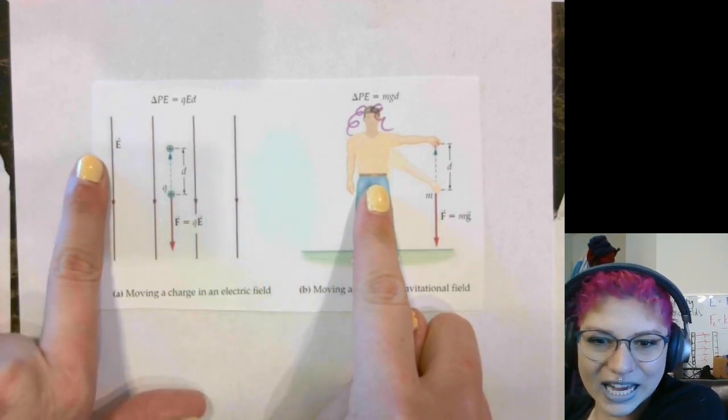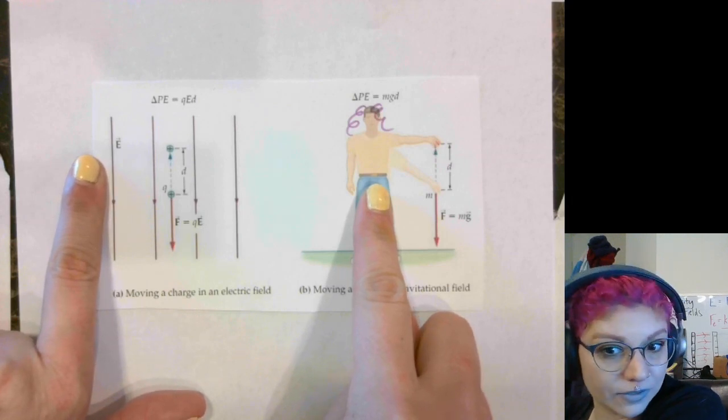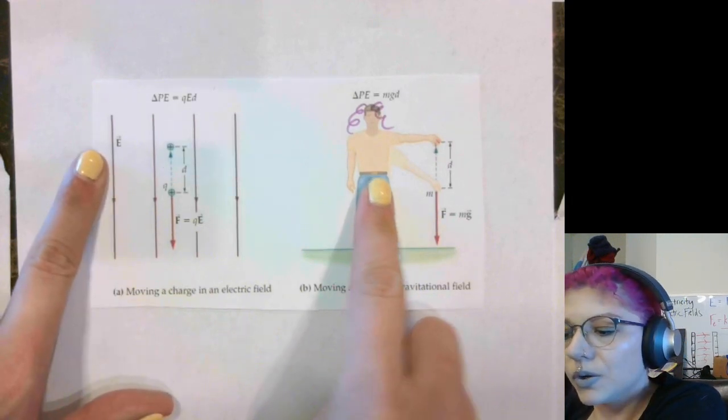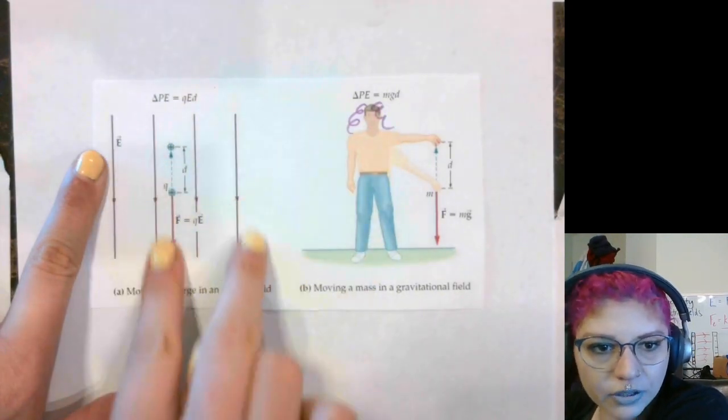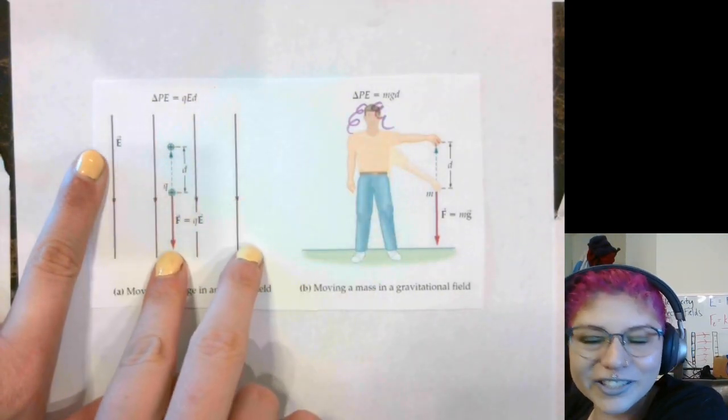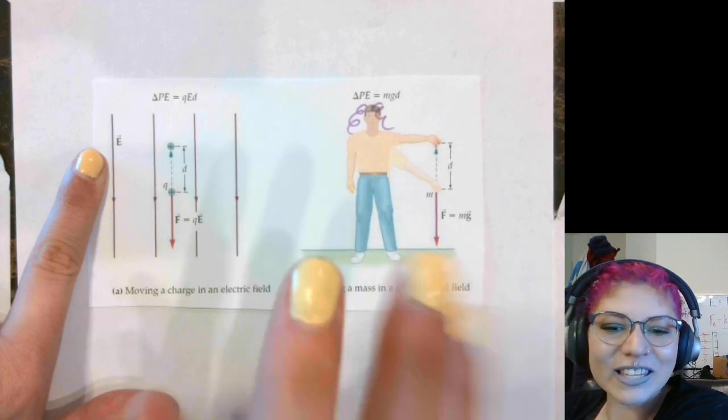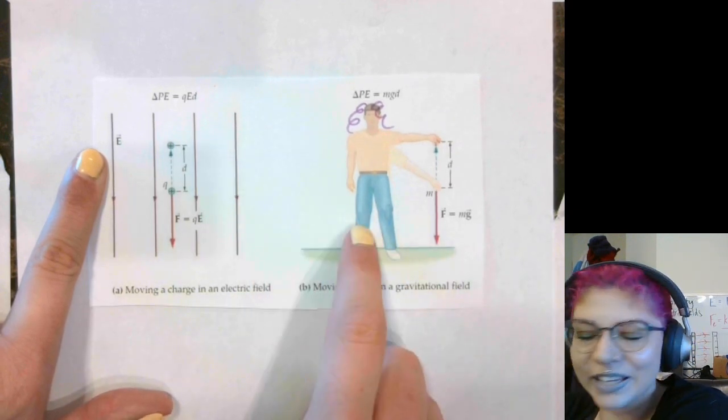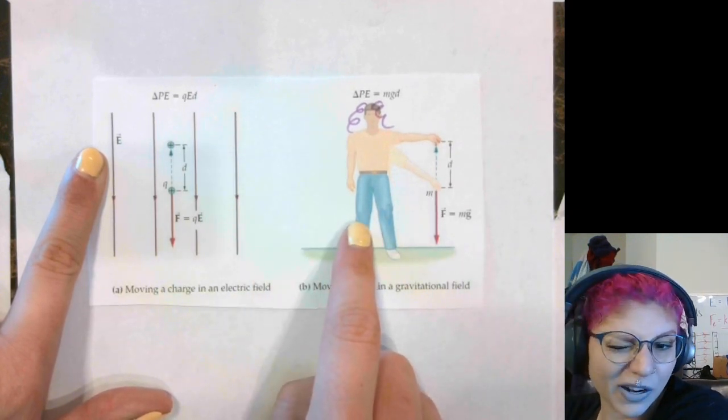Let's try to visualize the electric version of this, okay? So we have electric field lines here, which in this analogy is kind of like saying, okay, the height of a person off the ground, right?